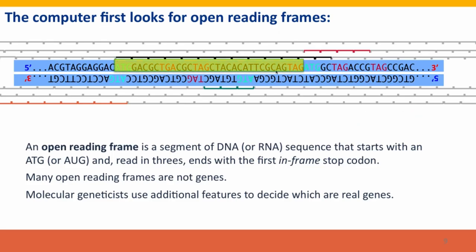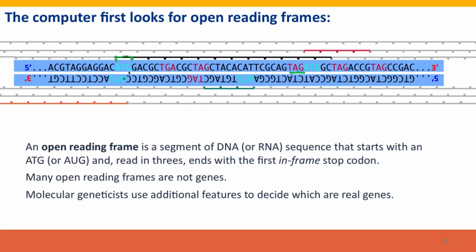Now, is the segment that I've marked off in yellow an open reading frame? Well, no, not really. It's only part of a reading frame because it stops at this TAG. TAG is a stop codon, but it's not a stop codon in the reading frame that we're using.